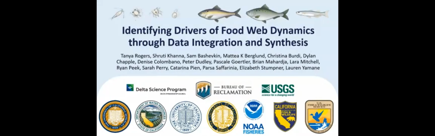Hello, I'm Tanya Rogers from NOAA Fisheries, and I'm here with Shruti Khanna from the California Department of Fish and Wildlife, and we'll be presenting on identifying drivers of food web dynamics through data integration and synthesis. As you can see from the title slide, we're just two of many collaborators on this research.